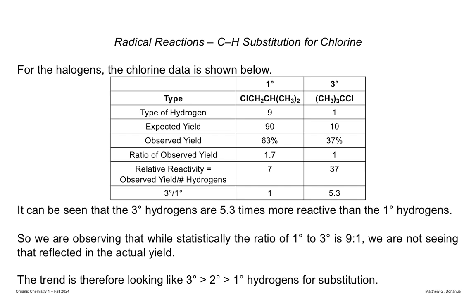So the same type of analysis, chlorine and then bromine will be on the next slide. So again, pay attention to the observed yields. 63 to 37.